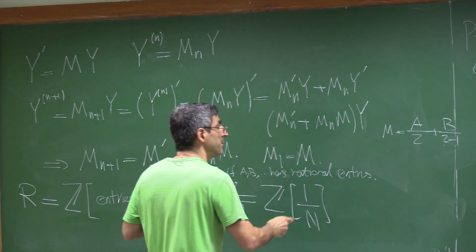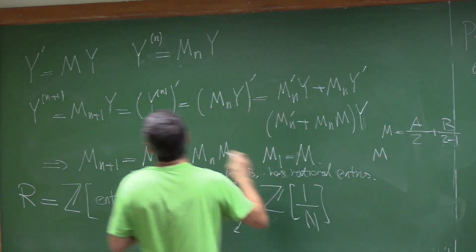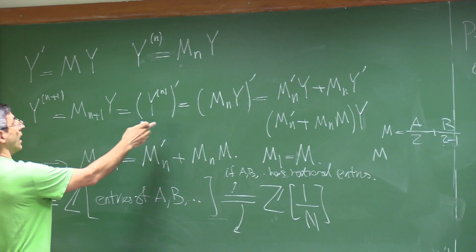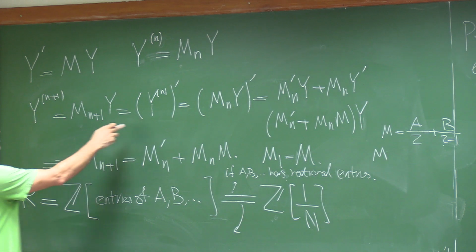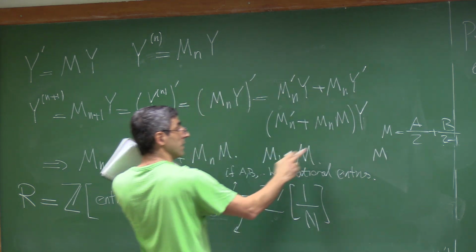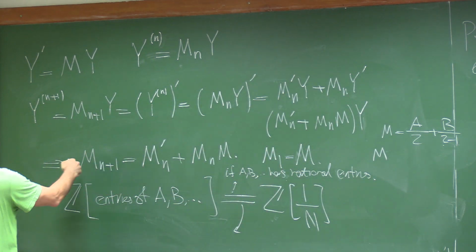So in this example, you will see that the pole order of this M_n is n, because you are differentiating.